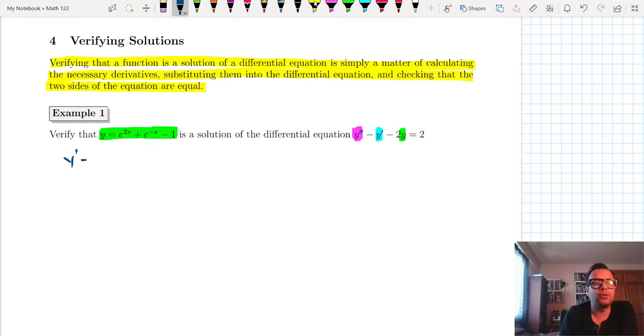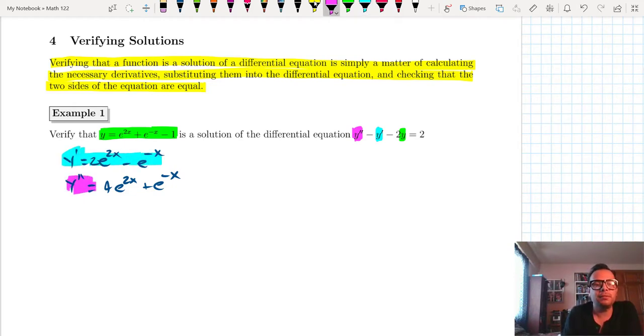So y prime will be the derivative of the exponential: 2e to the 2x minus e to the negative x. The derivative of -1 is 0. And then y double prime will be 4e to the 2x plus e to the negative x. Let me highlight with the corresponding colors just so you can see where I am going to plug this in.